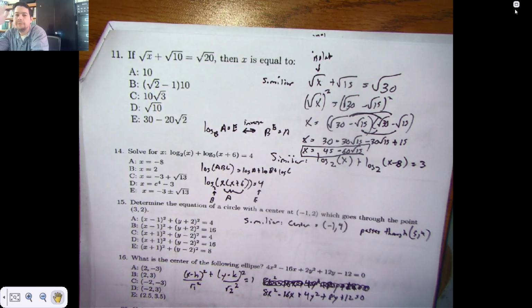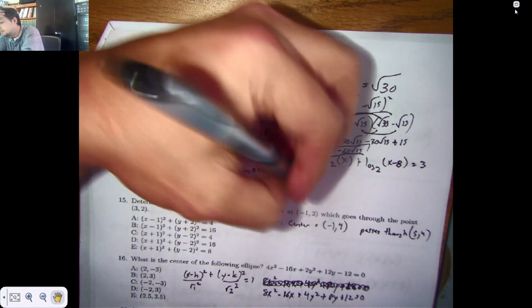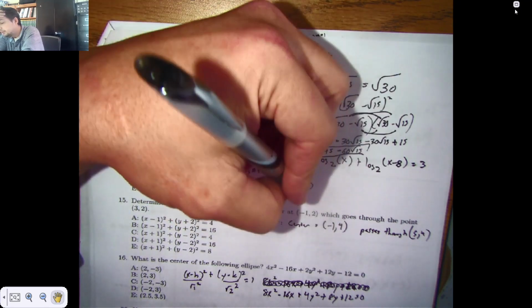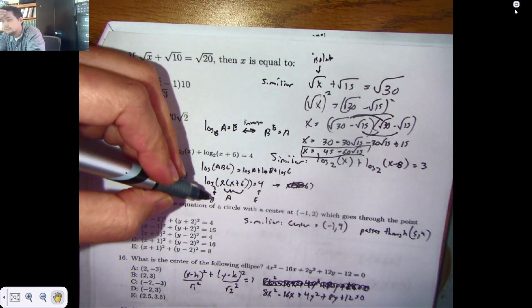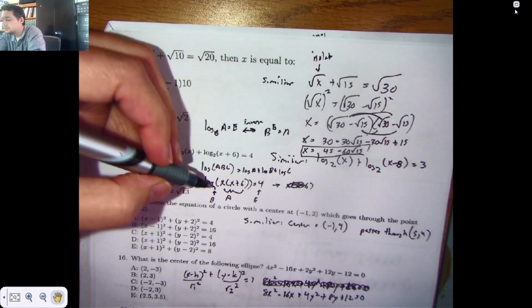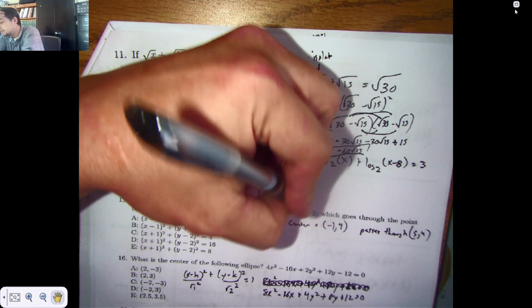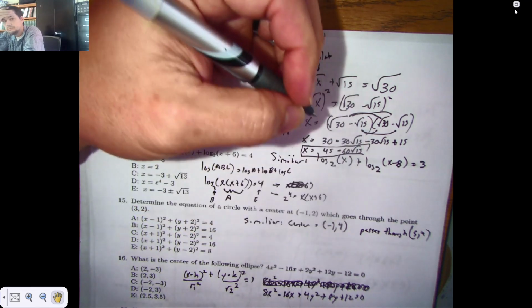We just spell the word BAE and we identify all the pieces. So this thing becomes x times x plus 6. Sorry, I did that backwards. Not necessarily backwards, I did it left to right. 2 to the 4th equals x times x plus 6.